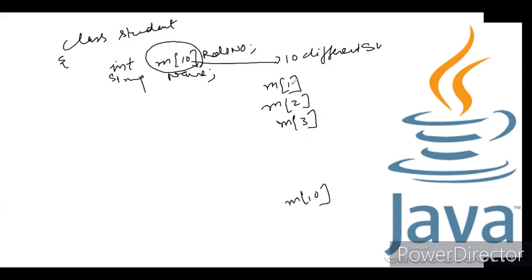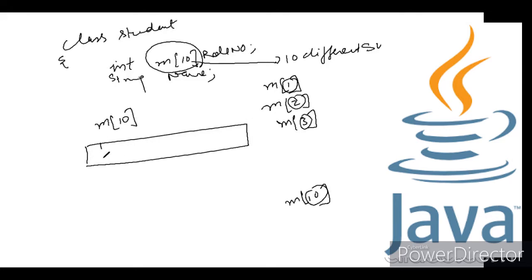So what is changing here? Only the subscript is changing. The rest of the thing is the same. Suppose you are declaring M[10], it will create an array in memory like this, 0 to 9.